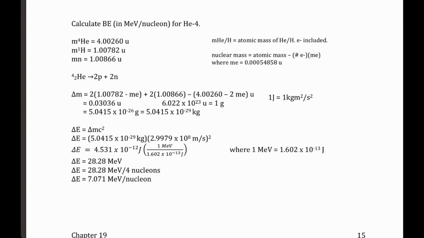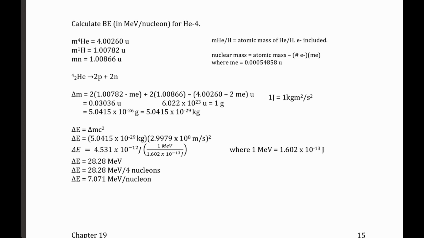So we have nuclear mass equals atomic mass minus the number of electrons times the mass per electron, where the mass per electron is 0.00054858 U. The reason I'm not giving you the nuclear masses in this problem is because many problems in the textbook, perhaps on the quiz, are given with atomic masses, and from those you have to calculate nuclear masses.